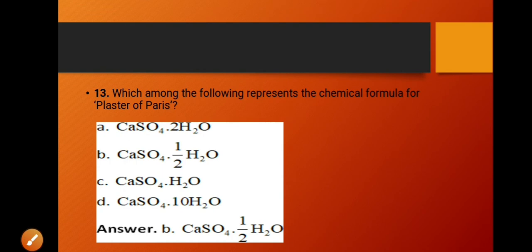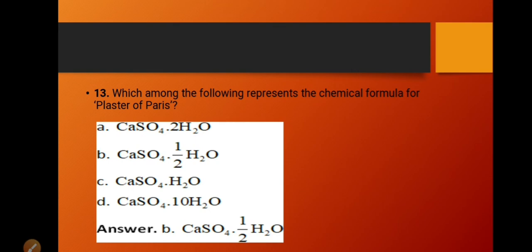Next, which among the following represents the chemical formula for plaster of Paris? In these four options, what is the chemical formula of plaster of Paris? You will read this in the chapter Acids, Bases and Salts.